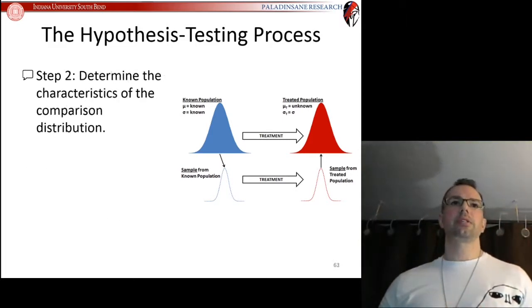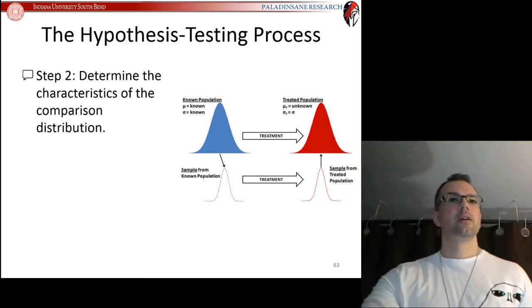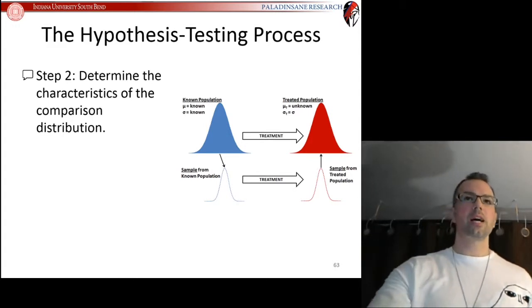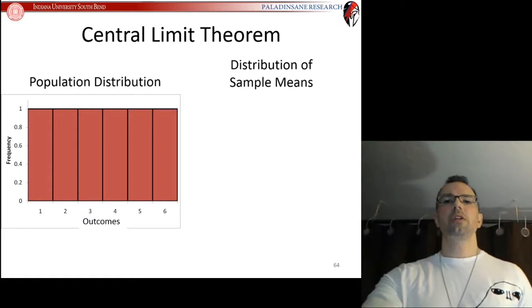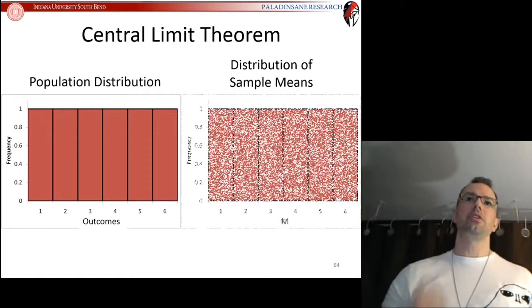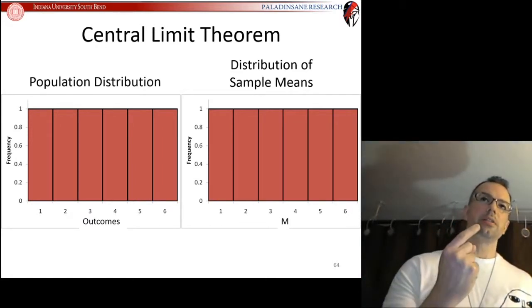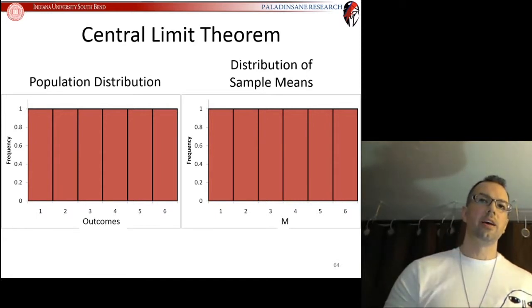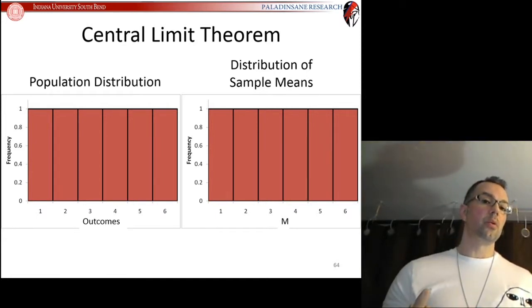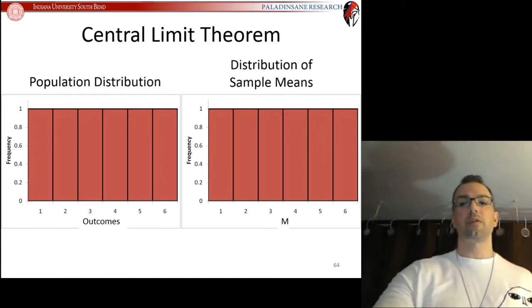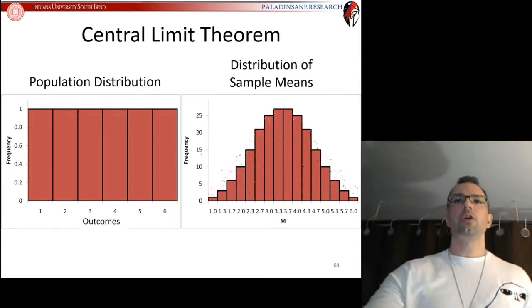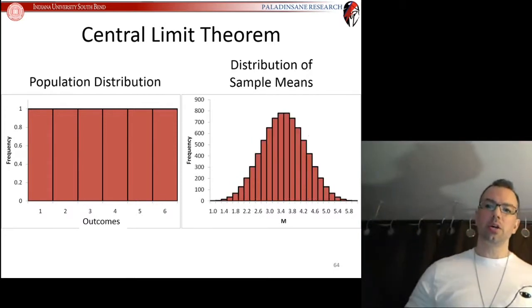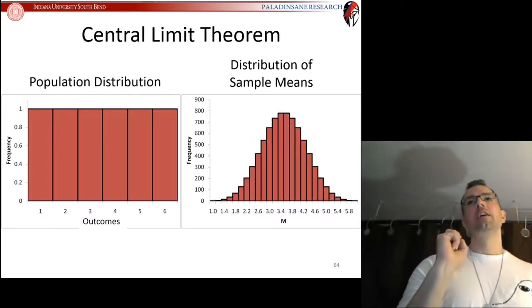Step number 2, determining the characteristics of the comparison distribution. Still remember, one more time, we'll keep drilling this into our minds. Your population distribution is only the same as your distribution of sample means when your sample is the size of 1. As soon as you get into more than 1, like 16 subjects for our example here, your distribution of sample means, what you compare your sample to, that changes.